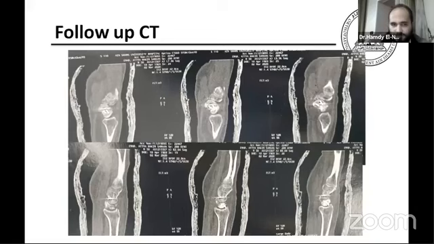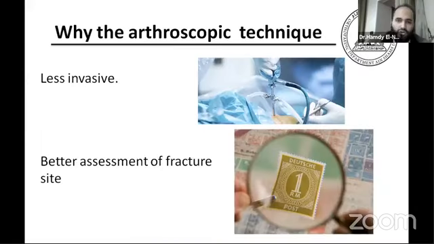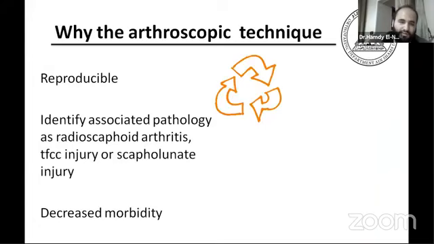So why did we choose this arthroscopic technique? First of all, it's less invasive. We can assess the fracture site better by the magnifying lens of the arthroscope. It's reproducible. If it failed, we could use it again and again, provided that there is no AVN.